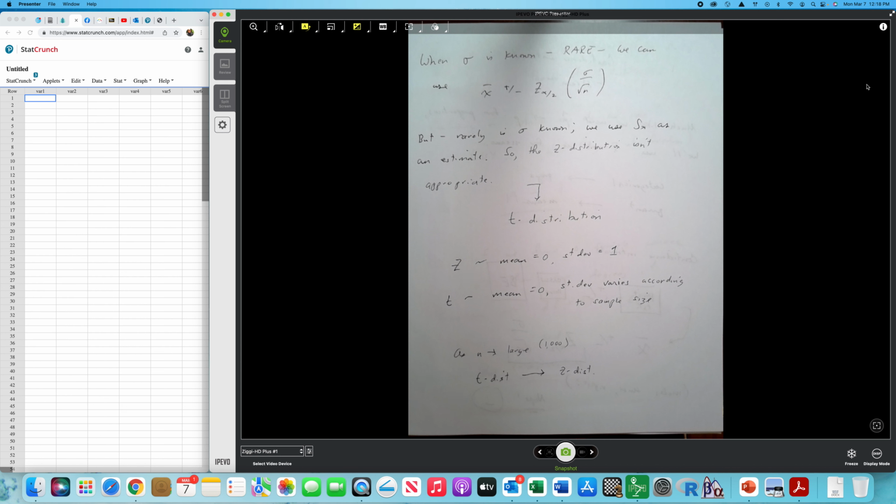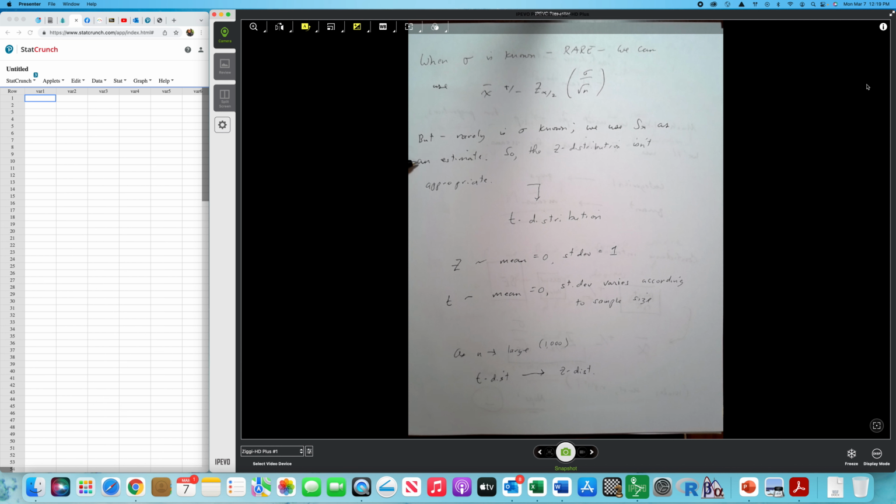The formula is you sum up the values minus mu, divide by n, take the square root. Well, it's kind of goofy to think that we're going to be able to calculate sigma when mu, which is part of the formula, is not known. So typically, it's extremely rare that sigma is known.